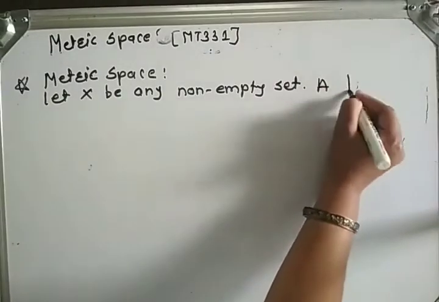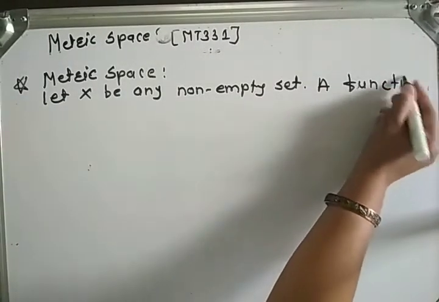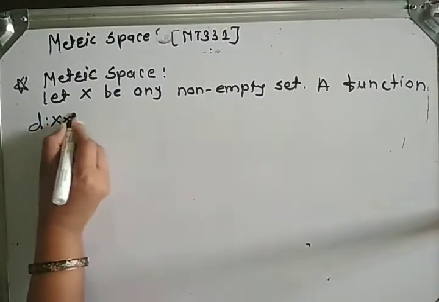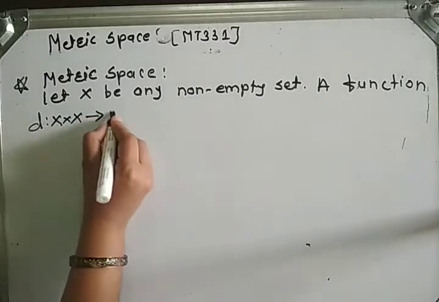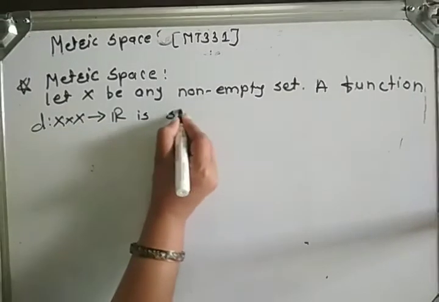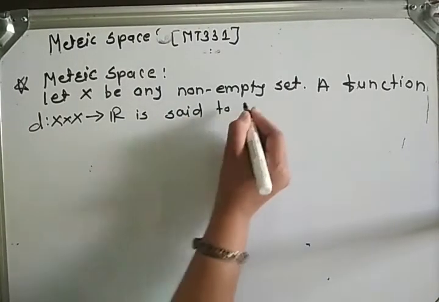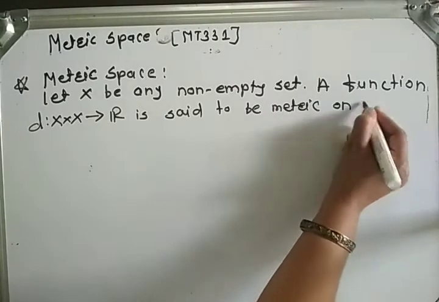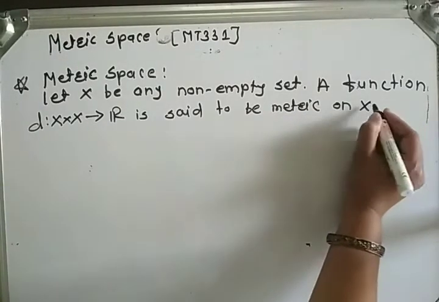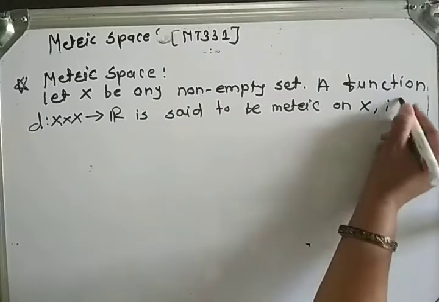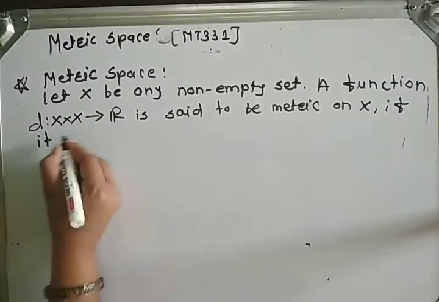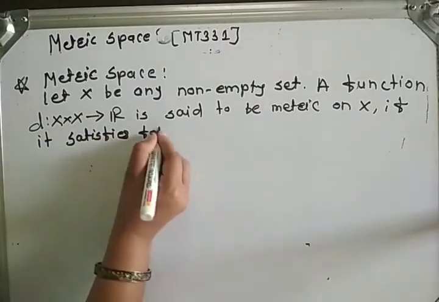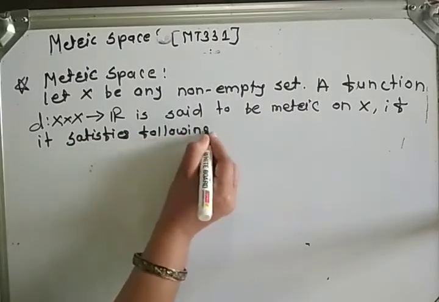A function d from X cross X to R is said to be a metric on X if it satisfies the following properties.